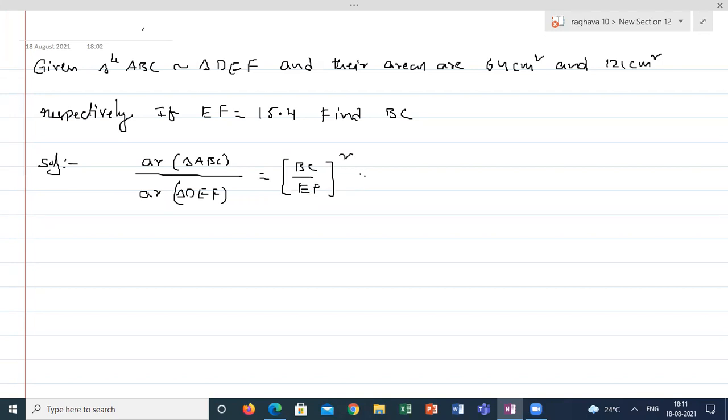With the help of this relation, I can calculate the unknown value. Please substitute the respective values and let me know your answer. It says 64 divided by 121 is equal to BC by EF, that is 15.4, whole square.